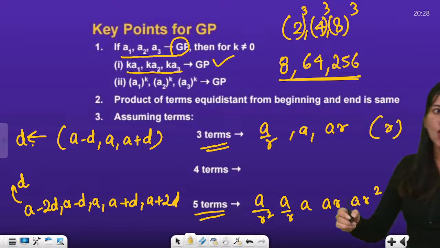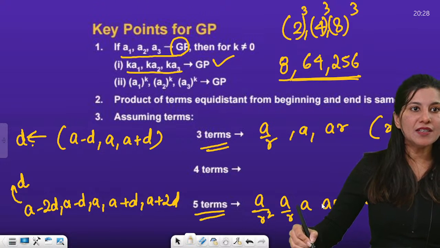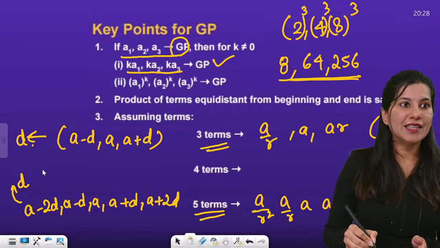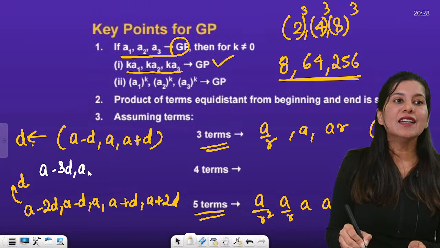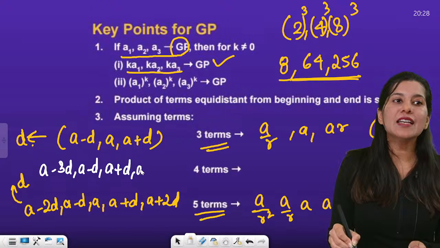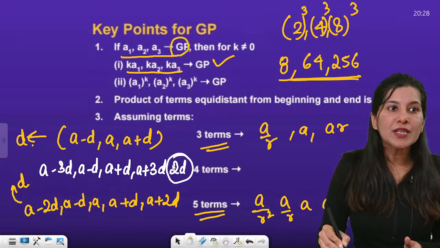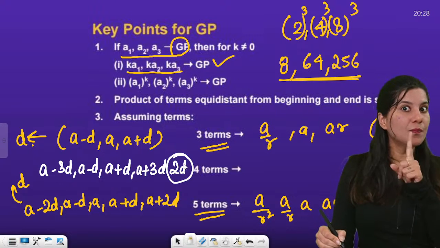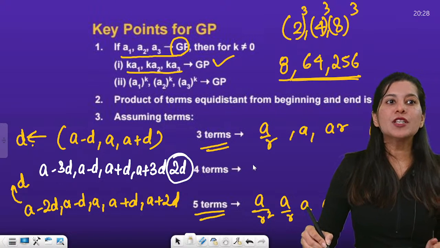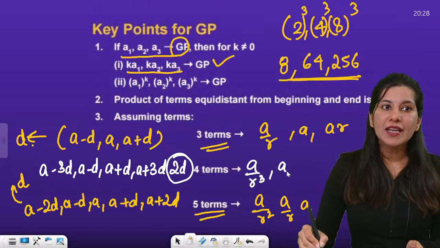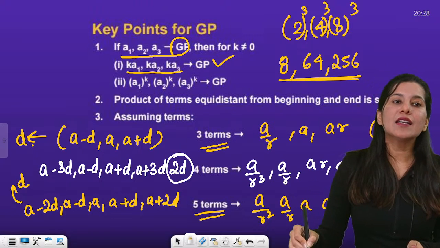Now 4 terms, let me change the color of my pen. 4 terms of AP I have just explained: A minus 3D, A minus D, A plus D, A plus 3D. Right? These are 4 terms and the common difference is 2D. Let's not forget, this is a main mistake. What about 4 terms of GP? A by R cube, A by R, AR, AR cube.